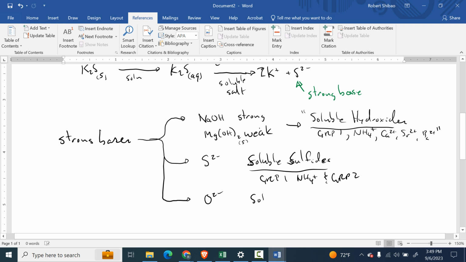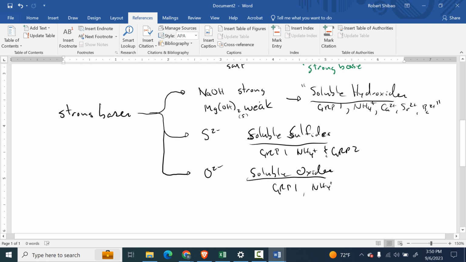Oxides. The soluble oxides. Soluble oxides weren't on your solubility rules, but they're similar to sulfides, perhaps less soluble. Group 1 and ammonium are pretty much it. You expect oxides to be less soluble because of their size. They're smaller in size, so they're going to have stronger bonds. Any others? Amides.